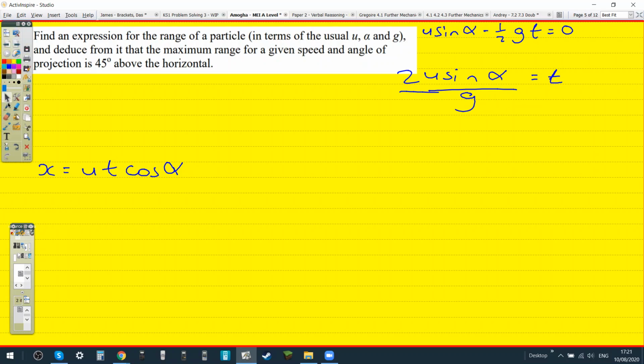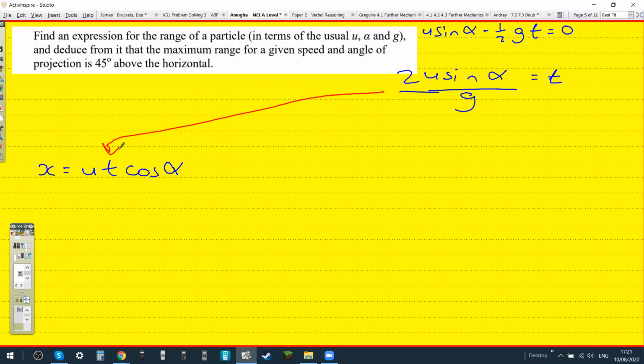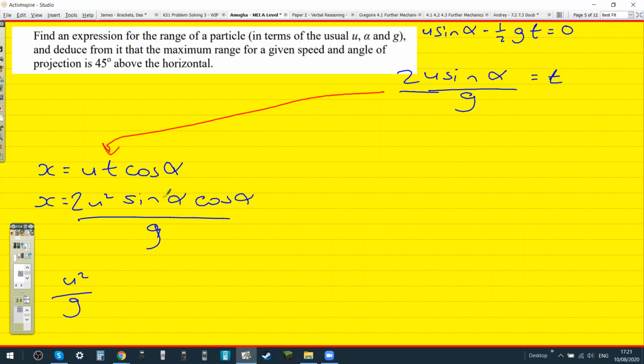So instead of t, we sub this in. What would we get there? 2u squared sine alpha cos alpha over g. That is the same as u squared over g times 2 sine alpha cos alpha. Yeah, which is sine 2 theta. 2 alpha, yeah.